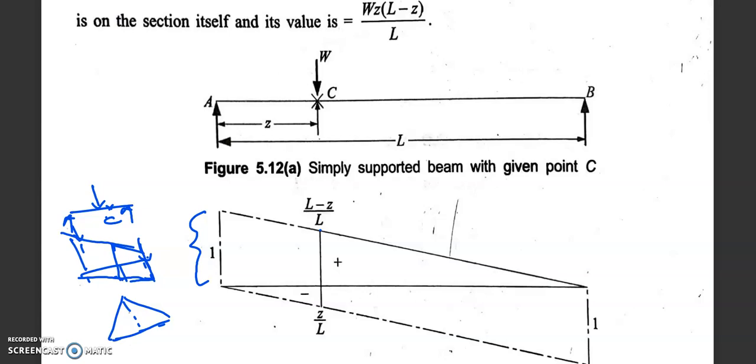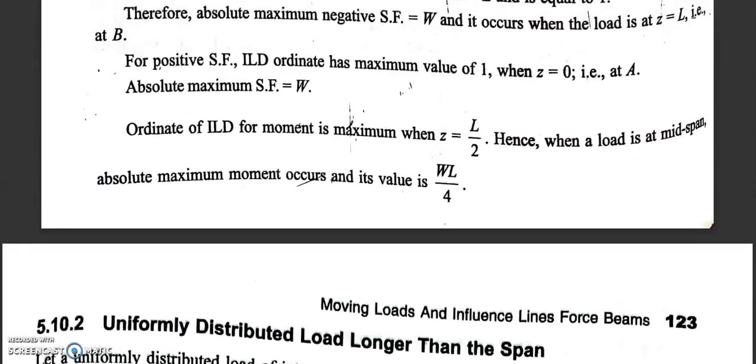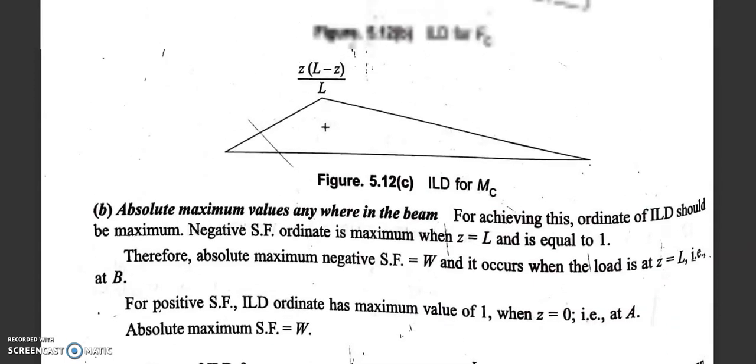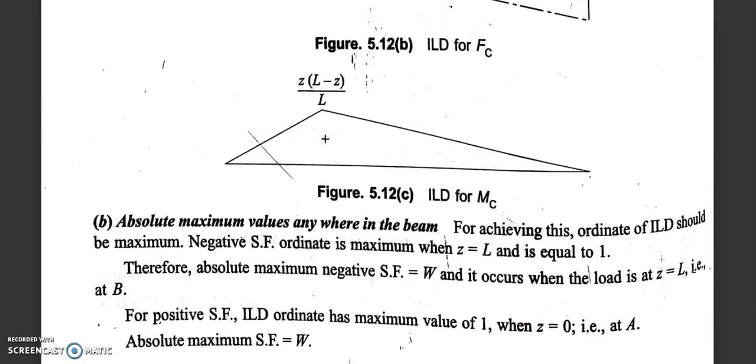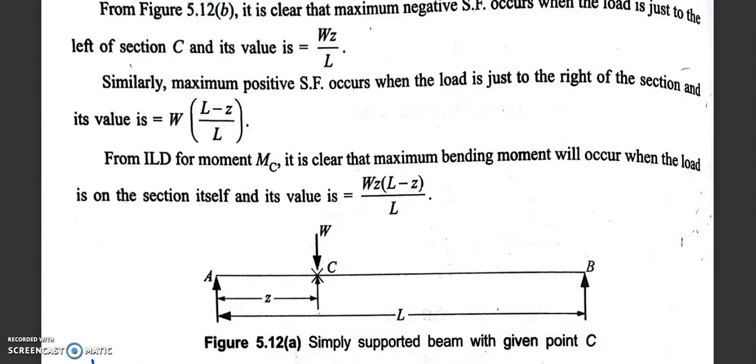Then the ordinate of ILD for moment is maximum when Z equal to L by 2. That is when the section is at L by 2, you get the maximum moment value. Clear? So here for ILD, as I have told you, we have different cases. This is the case when a single load is passing over the section. Then as we have seen in the before problem, it is load multiplied by the ordinate.